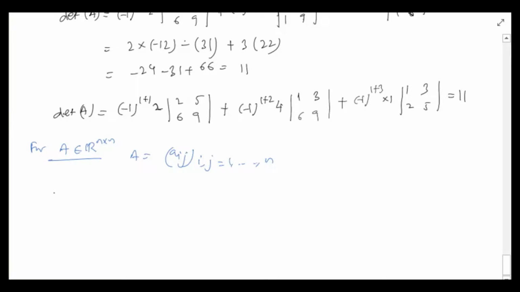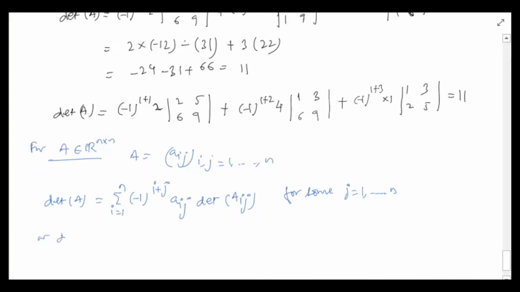So let's say I'm expanding along jth column, then determinant of A could be written as sum over i equals 1 to n of minus 1 raised to i plus j Aij, that is I'll move along column j, and here I'll have determinant of Aij, where Aij is the submatrix of A obtained by deleting ith row and jth column. Okay, so I could expand along any column j, for some j equals 1 to n.